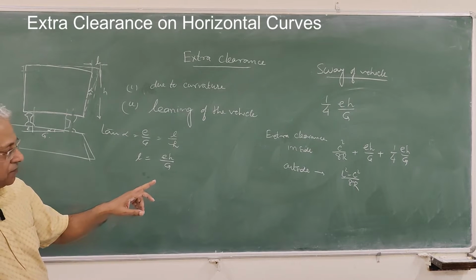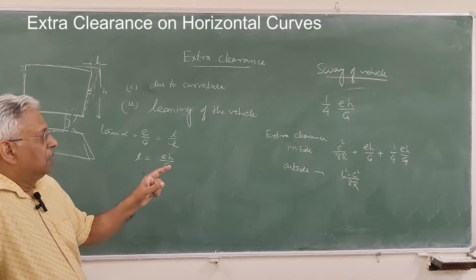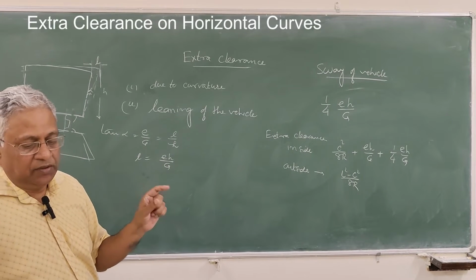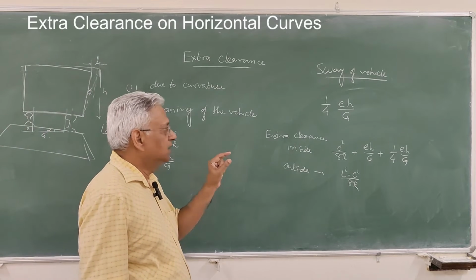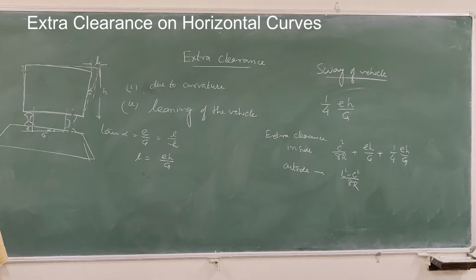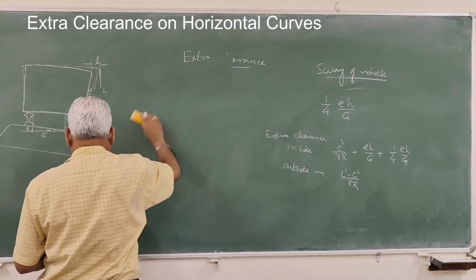Now here, as I told you, L is the length of the bogie and C is the distance between two bogie centers of the same car. The distances adopted on Indian Railways are like this.